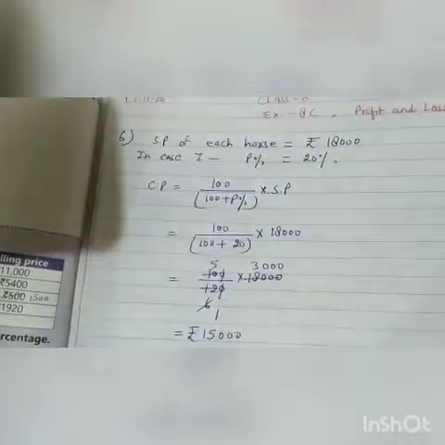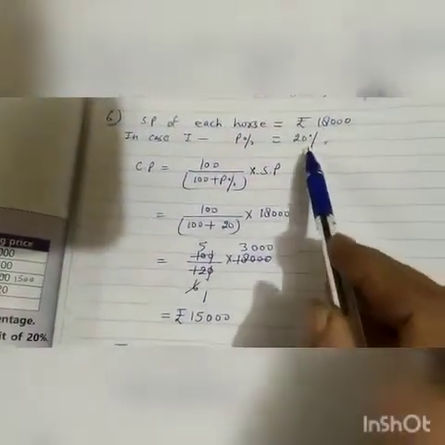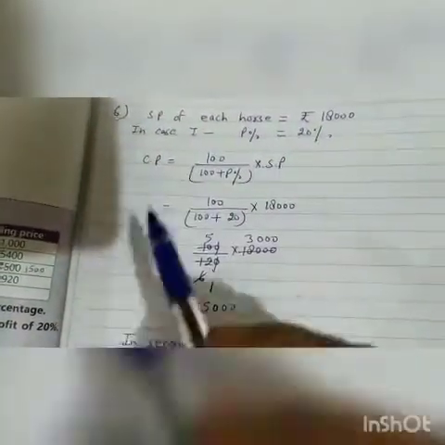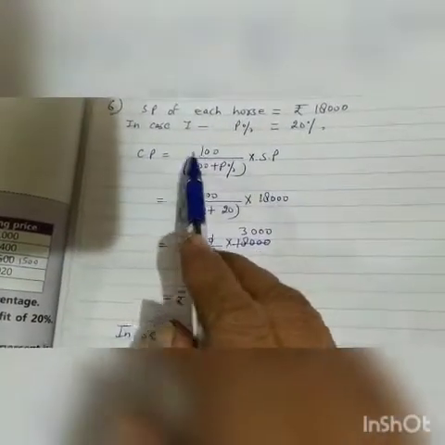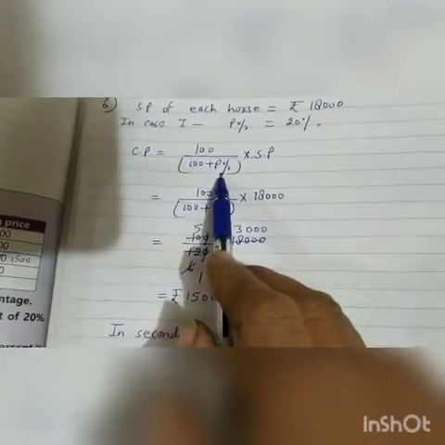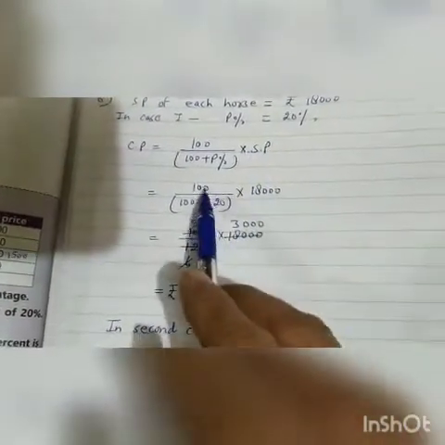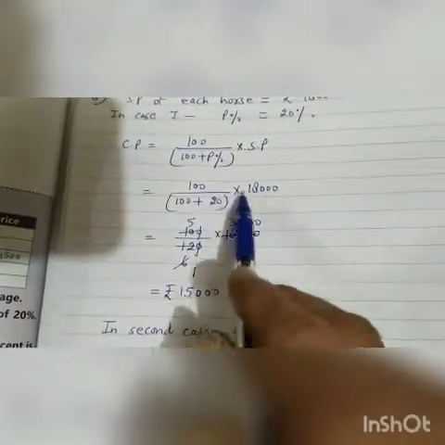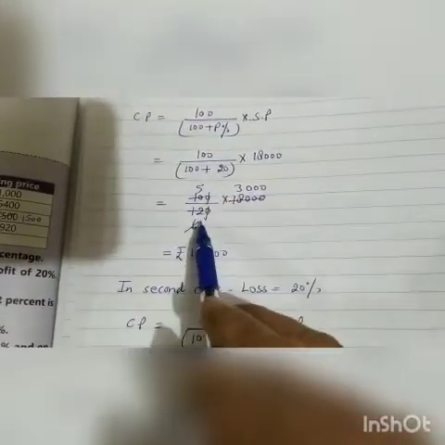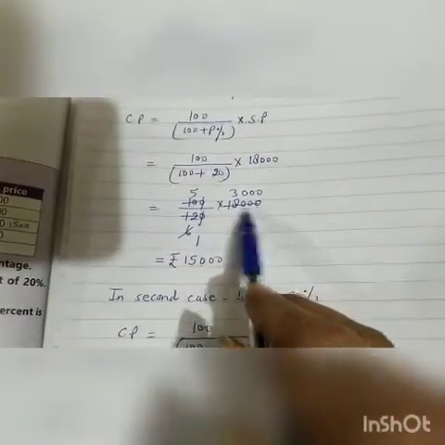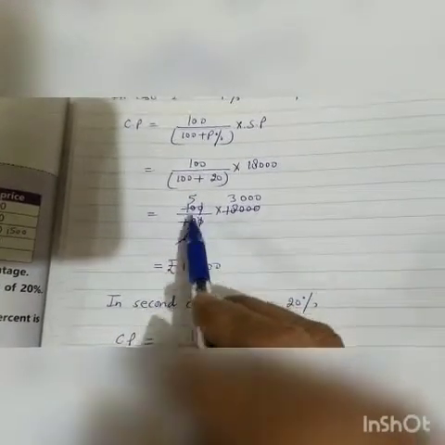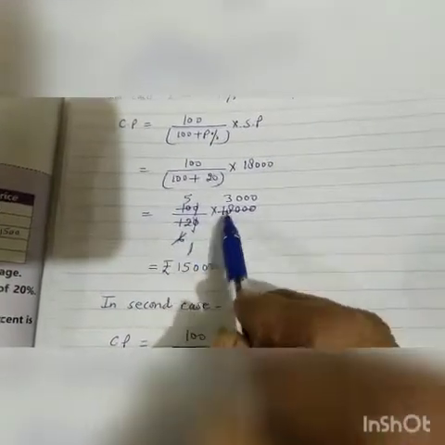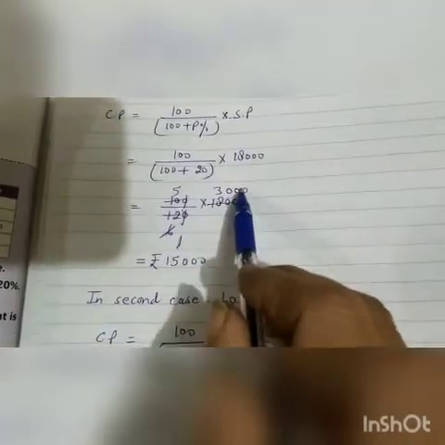In case 1, profit percent is given as 20%. So again we will use cost price is equal to 100 upon 100 plus profit percent into SP. Then 100 upon 100 plus 20 into 18,000, 100 upon 120 multiply 18,000. 0 0 cancel, 2 fives are 10, 2 sixes are 12, 6 ones are 6, 6 threes are 18, then these 3 zeros.